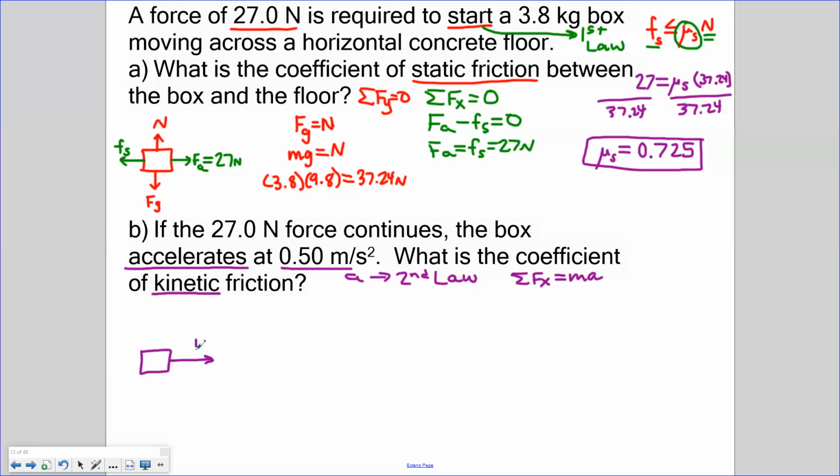Again, we got our applied force here is still 27 newtons. We know our weight here is still 37.24. That didn't change. Didn't put anything in the box. We know our normal force here is still 37.24.